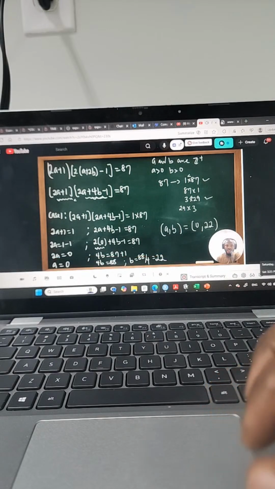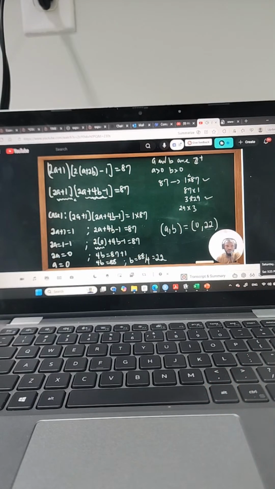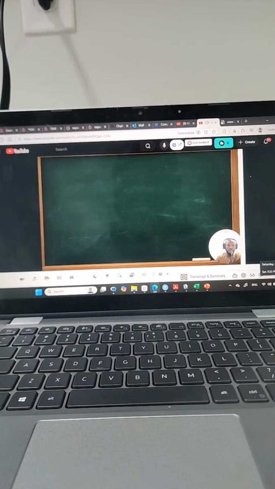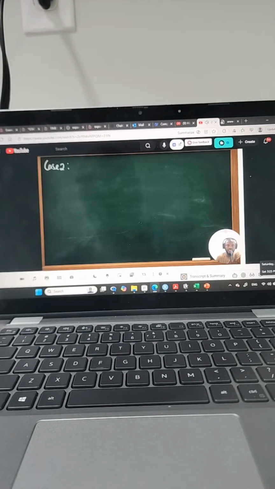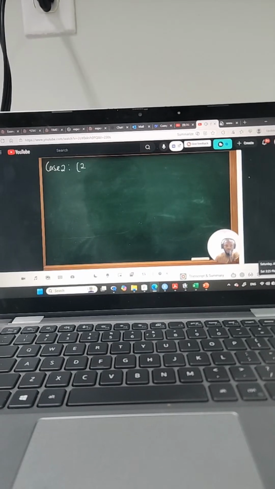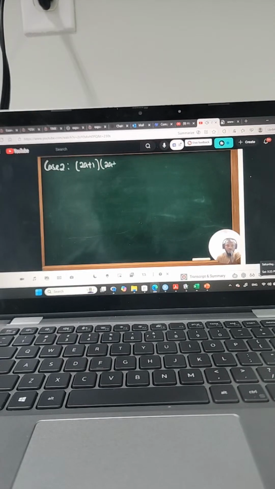Now, let's consider case number 2. For case number 2, we're going to rewrite the same given equation, which is 2a plus 1, 2a plus 4b minus 1 equals to 87. In that case, we have 3 times 29. So I'm going to do the same.